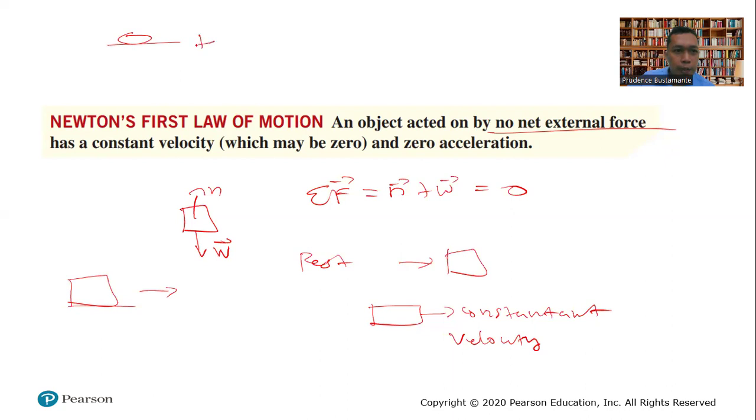Okay. Slide an object on the table. What will happen is that if you slide the object on the table, it will slide a certain distance, x. But if you slide it on ice, it will slide a certain distance, at a greater distance, because there is less friction than on the table.